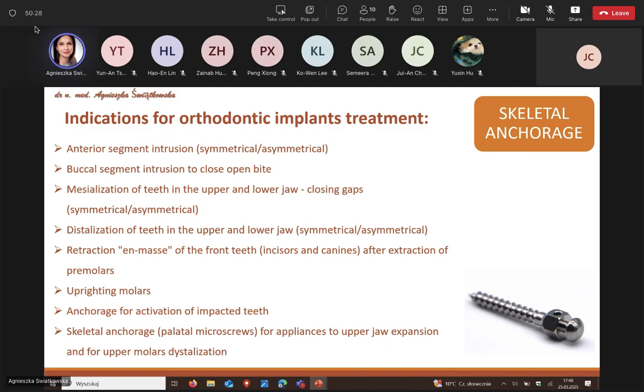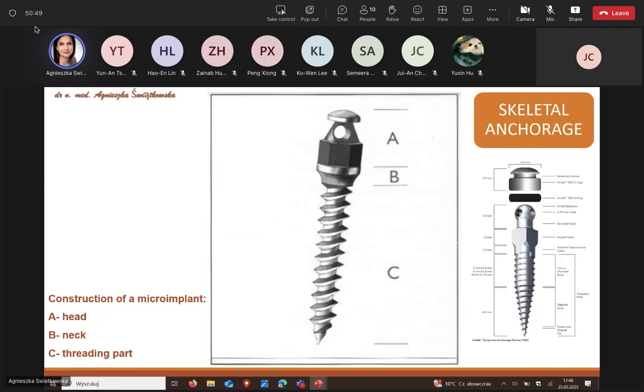Further, palatal micro screws are used for upper jaw expansion and for distalization. Also, with this method of treatment, when we are planning, we should use CBCT and templates. Now, construction of a micro implant: we have the head, neck, and threaded part.